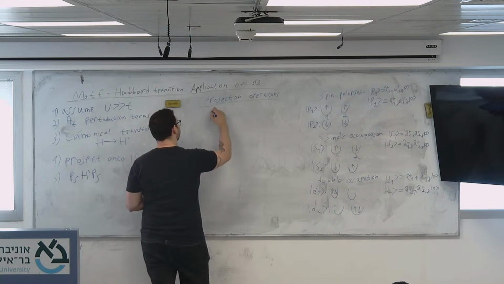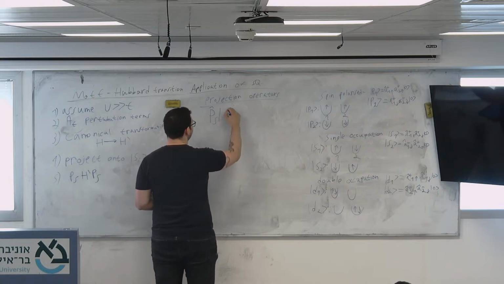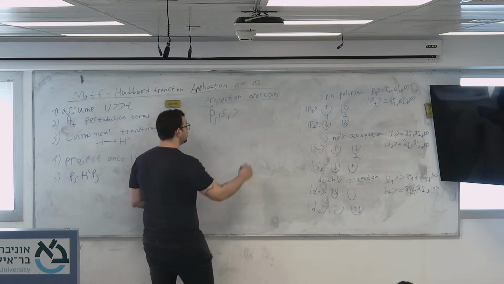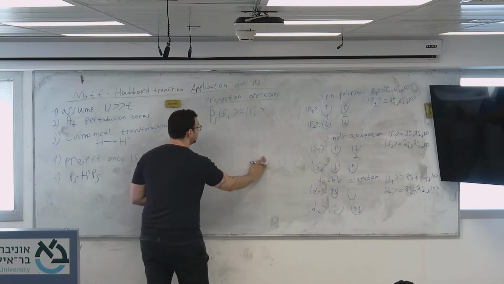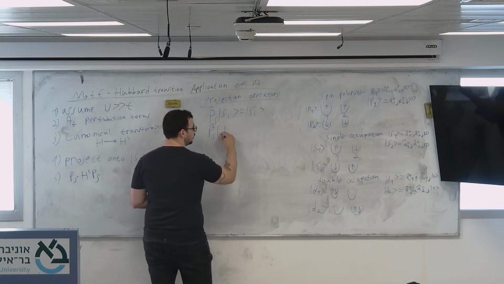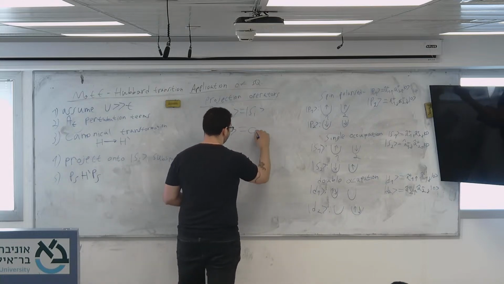What will be the action of the operator PS? We want this operator, if we give it an S state, to return the S state, projecting onto itself, and if it encounters a D state, it will return 0.